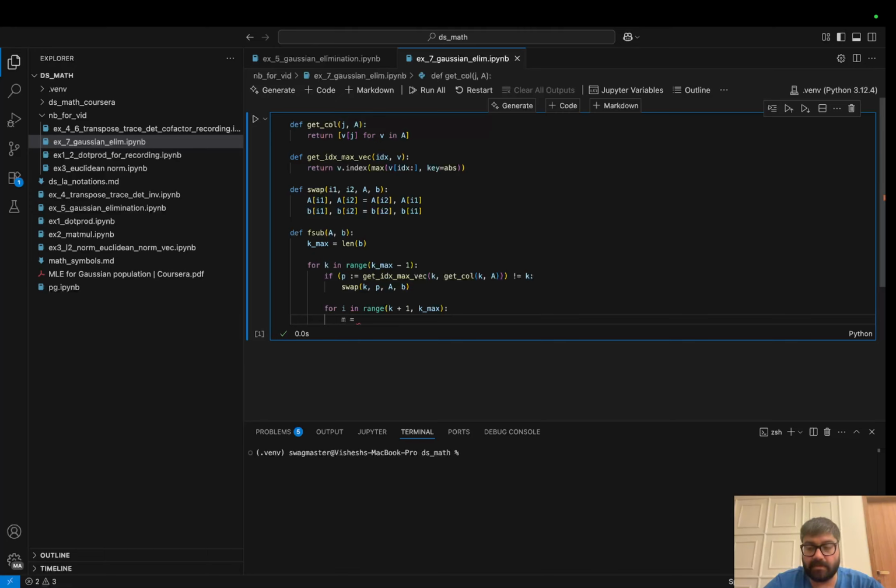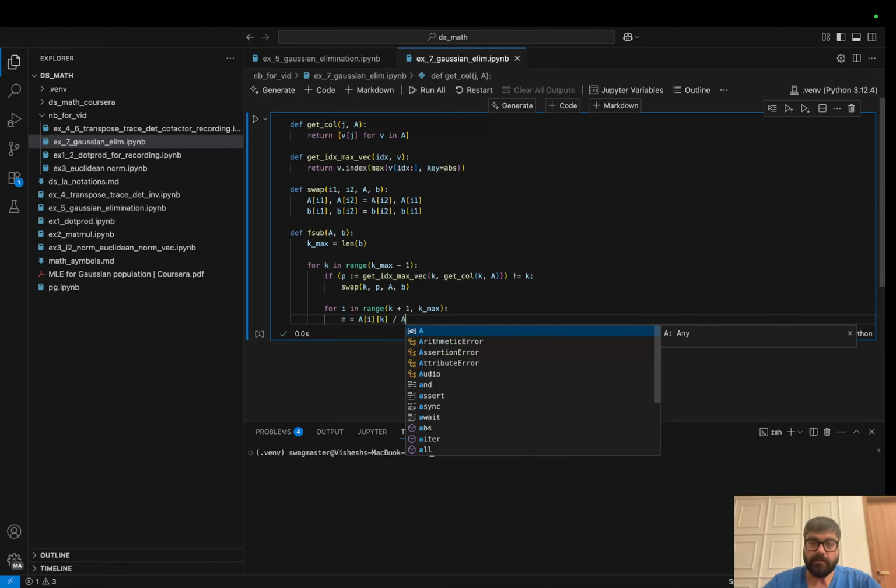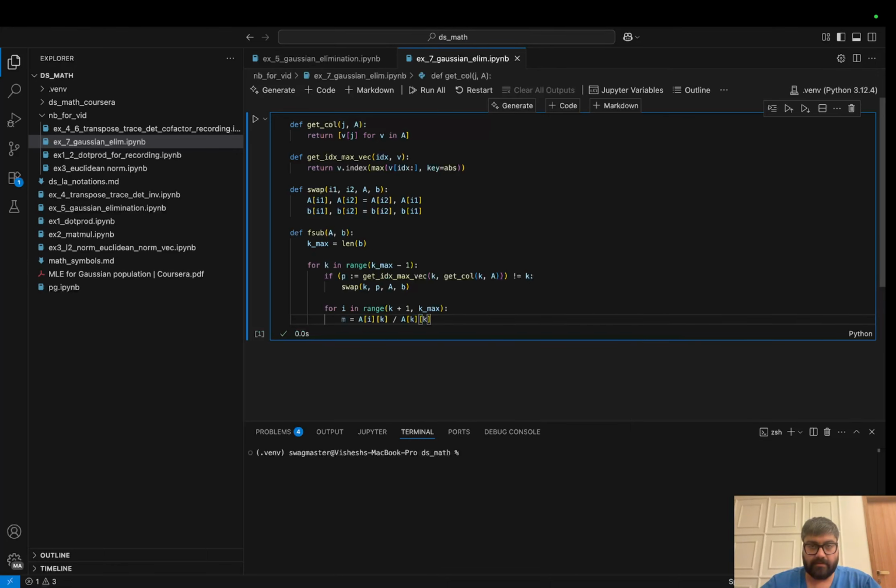So we'll say m equals a, element below the pivot, which is i in this situation. I'm looking at i, and we're sticking with the same column, so k, divided by a, the element at the current pivot.